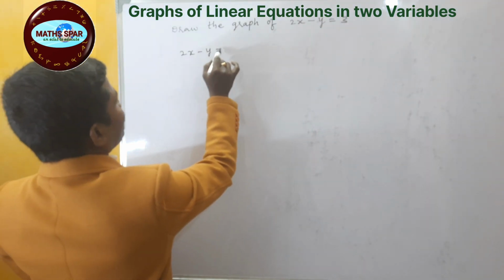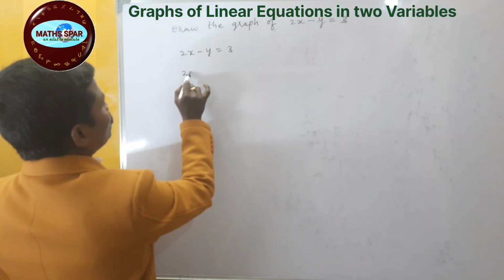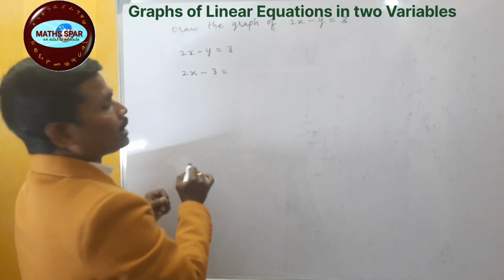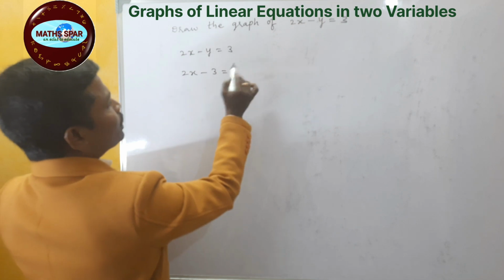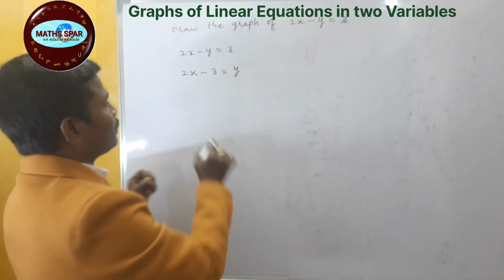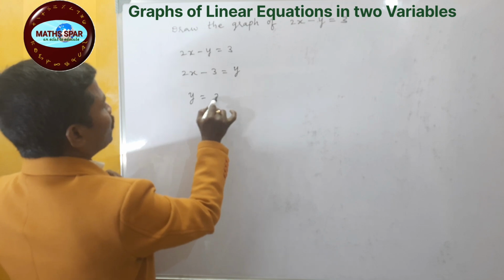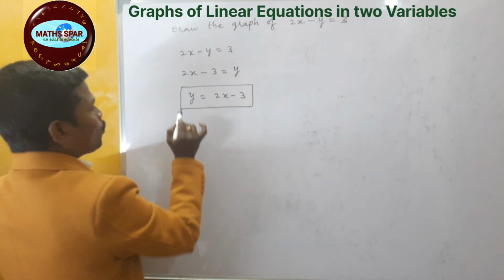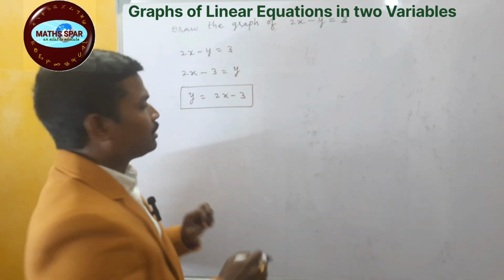So 2x minus y is equal to 3. If you bring 3 to the left hand side, it becomes minus 3. Minus y, if you send it to the right hand side, becomes plus y. So y is equal to 2x minus 3. That is, I made y the subject.